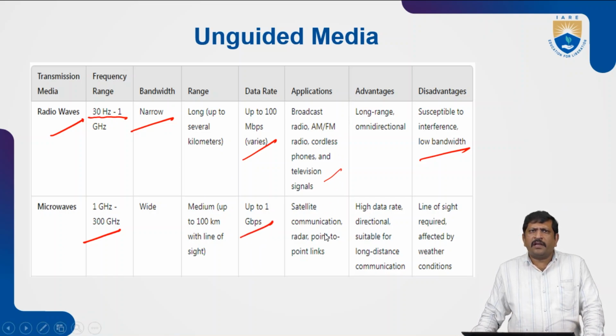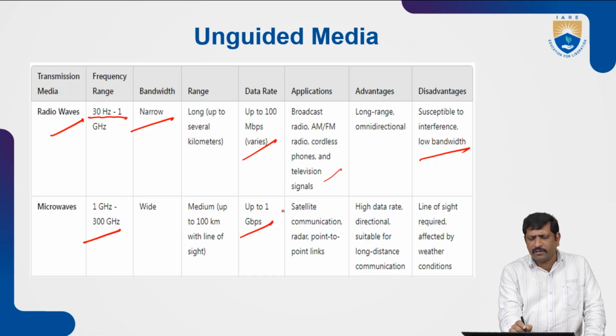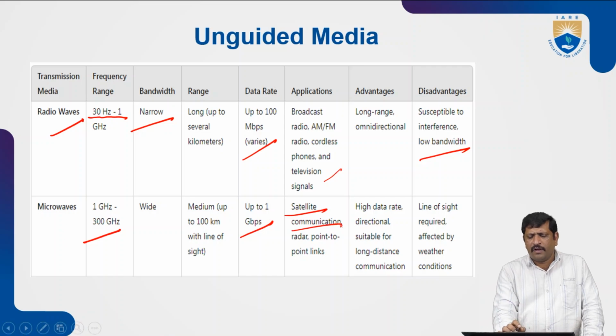Generally these microwaves can be utilized in satellite communication, radar, or point-to-point communication, that is device-to-device communication, endpoint to endpoint. The advantage here is a high data rate.